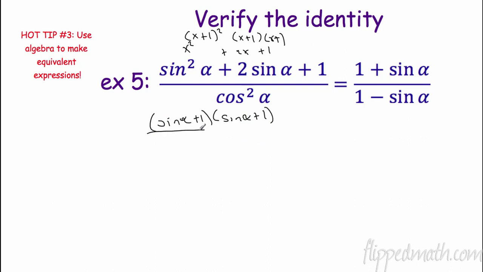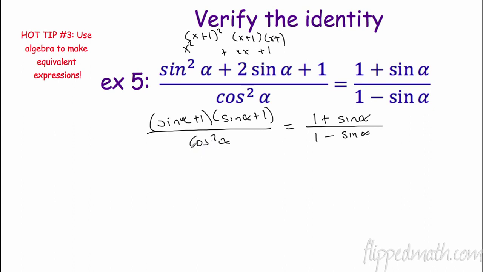All right? And we're going to divide that by cosine squared alpha. Remember to keep track here, we want to get it to 1 plus sine alpha divided by 1 minus sine alpha. All right? So let's take a look here. What can we do? Well, again, we have cosine squared alpha. I remember that's my identity.